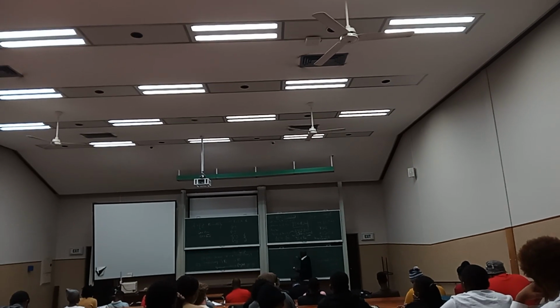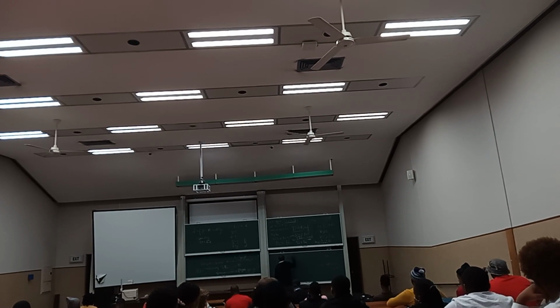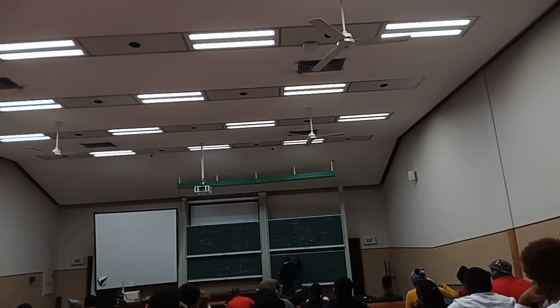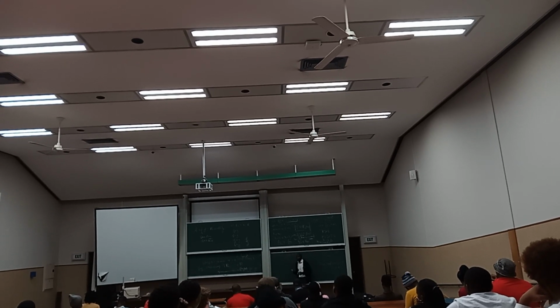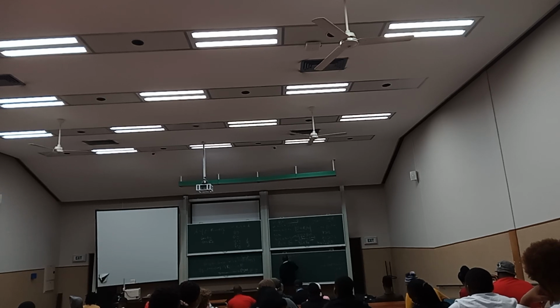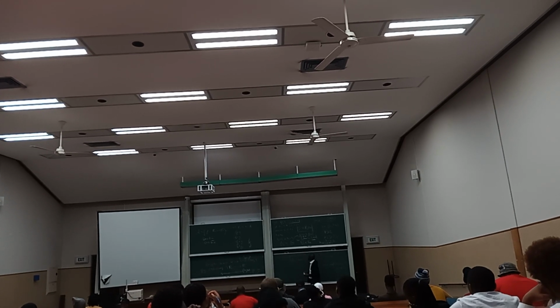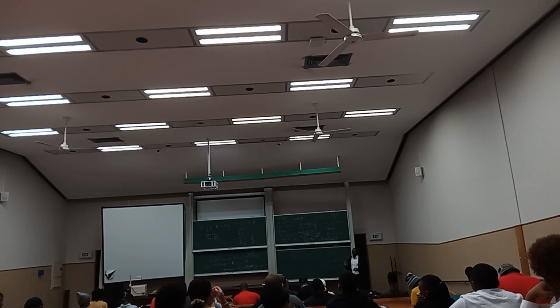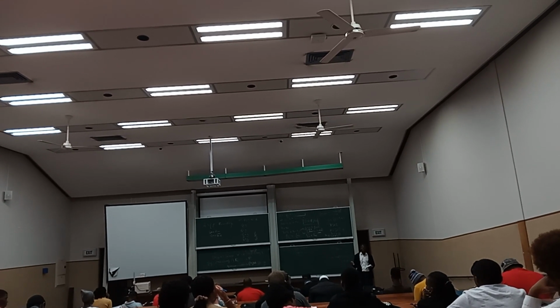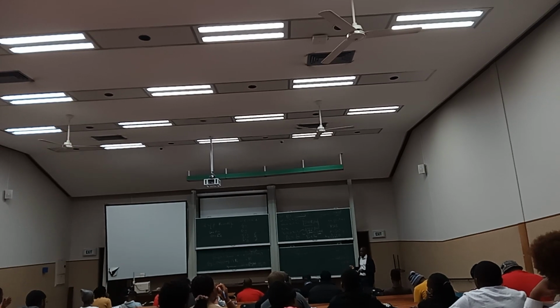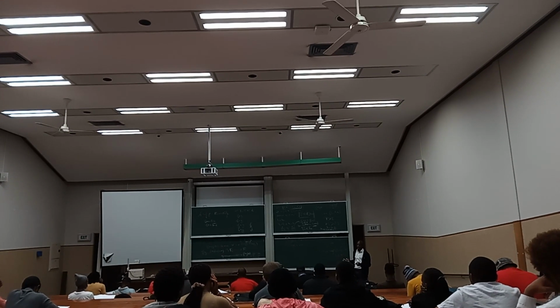Let's give an example. Assume that f of x is x squared minus 2, and g of x is x minus 1. So f of x is a polynomial of degree 2, and g of x is a polynomial of degree 1.